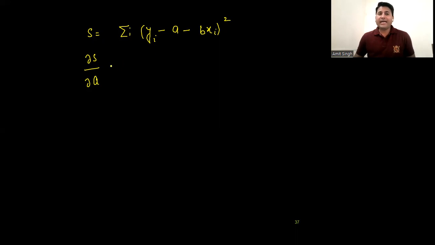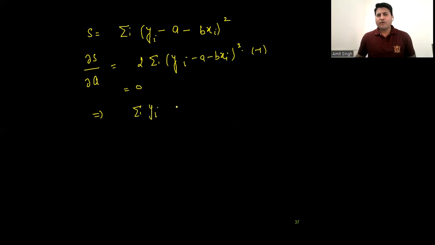So what will be ∂S/∂A? 2 times summation (yi − a − bxi) times minus 1, equated to 0. We will get the first equation. It comes out as summation (yi − a − bxi) equals 0.